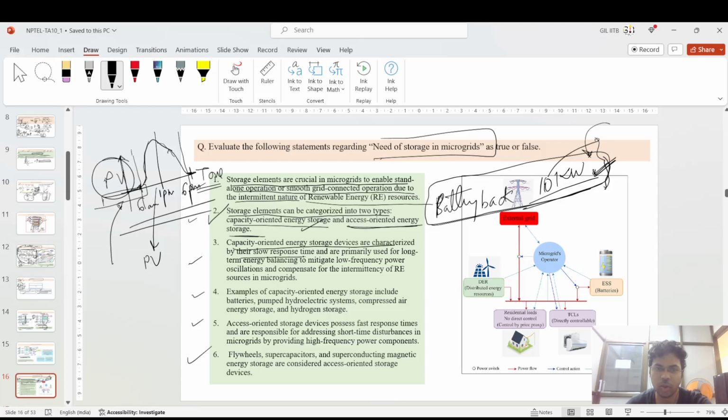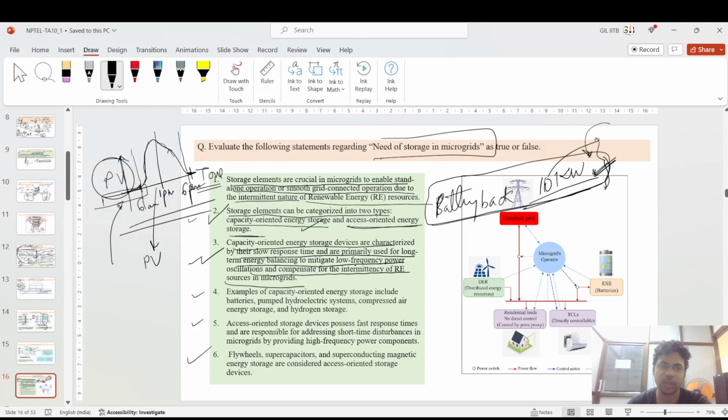Second is the third statement saying capacity oriented energy storage are characterized by their slow response time and are primarily used for long-term energy balancing, to mitigate low frequency power oscillations and compensate for the intermittency of the RE sources in the microgrid.